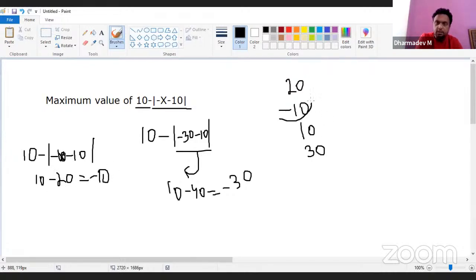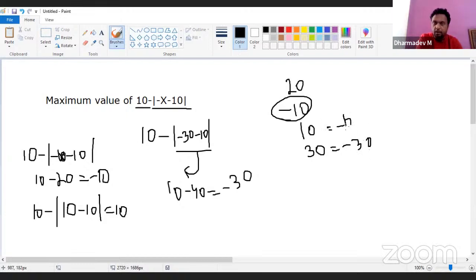Next, I have it as minus 10. So 10 minus, already X is minus, so minus into minus is plus 10. 10 minus 10 is 0. So for this option, I'm getting negative 30. For this option, I'm getting negative 10. When I make it with this option, I'm getting 0.